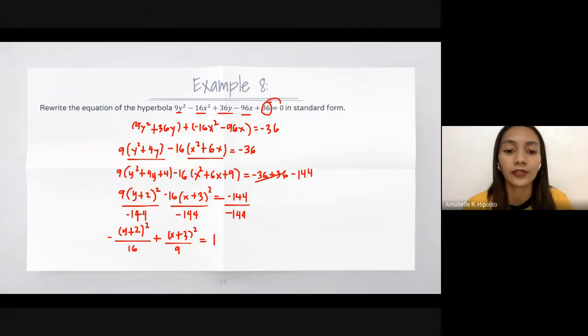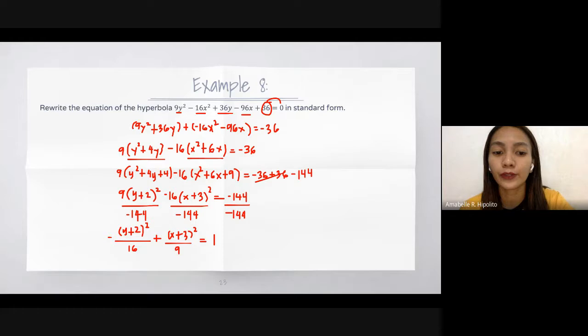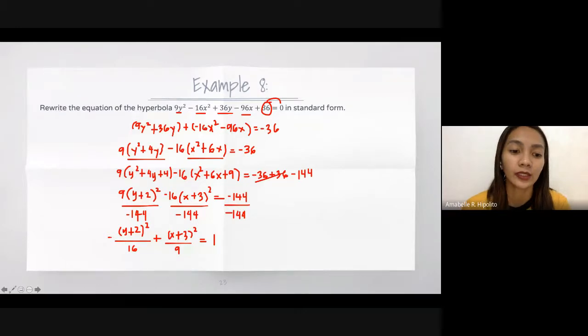Okay? So, next, since negative po yung nandito, dapat laging positive yung nandito sa may side na to. Okay? This one, dapat lagi yung positive. So, since ang positive natin is the x variable, we are going to interchange that equation. Okay, interchange natin.